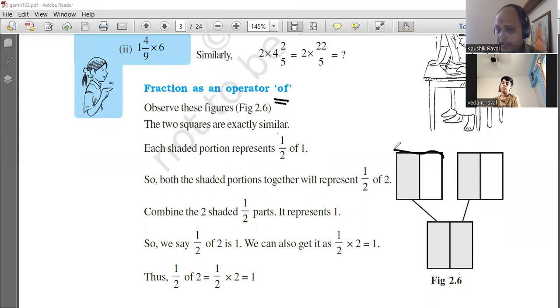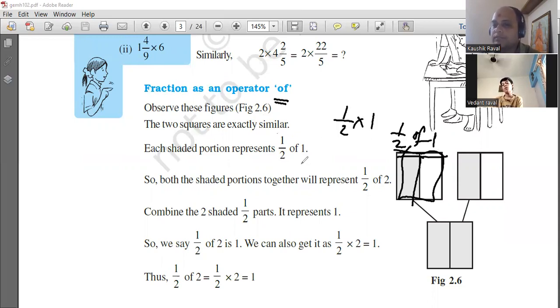This is a whole square divided into 2. So half of 1. When you say half of 1, what you mean is half multiplied by 1. When I say half of 2, what does it mean? You have to multiply half into 2. What will be the answer?